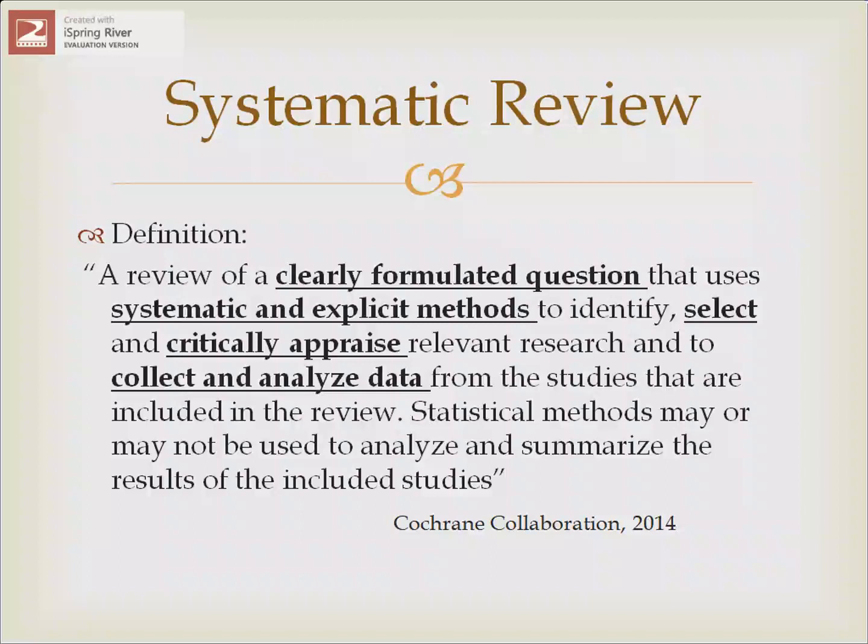By this definition, it is almost the same, but if you are doing further statistical analysis of your selected studies, it is called meta-analysis. But when you are presenting almost the same thing without doing statistical analysis of those studies, then it is called a systematic review.